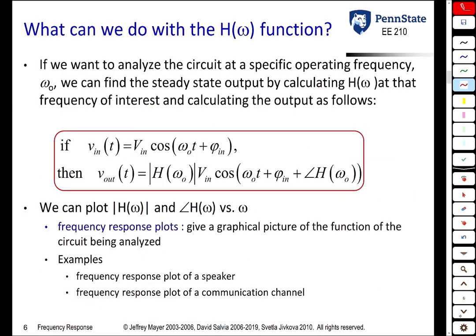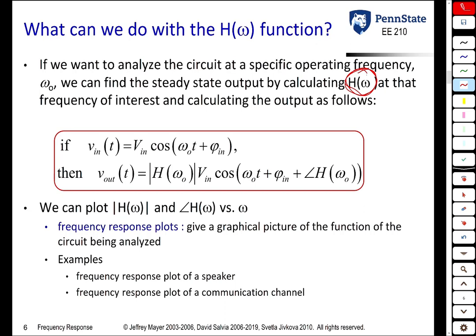The first thing we can do: suppose we want to analyze the circuit at a specific operating frequency, omega naught, 100 radians per second, 200 radians per second, 1000 radians per second. Rather than analyzing the circuit from scratch again, all that we need to do is evaluate our transfer function at the frequency of interest, and we get a complex number.